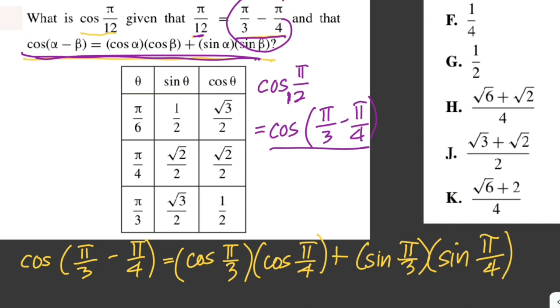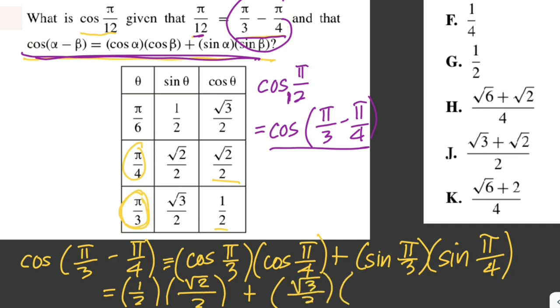Since we're given a table with the angles and their corresponding values for sine and cosine, we can just plug in the values. So cosine of pi over 3 is 1/2, times cosine of pi over 4, that is square root of 2 over 2, plus sine of pi over 3, that is square root of 3 over 2, times sine of pi over 4, that is square root of 2 over 2.